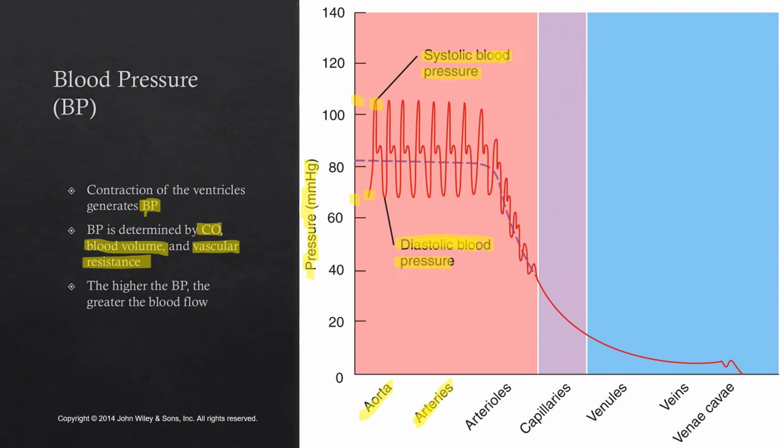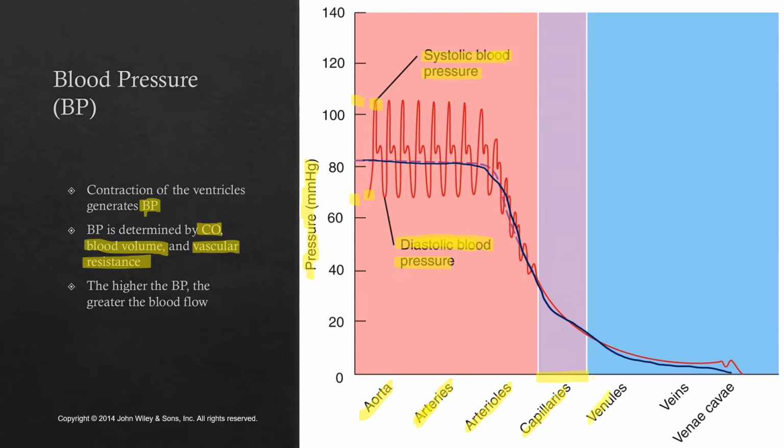Now, as we get further and further away from the heart, the blood pressure is going to drop. You can see here until we get into the blood vessels or the veins coming back into the heart. So as we get to arterioles, and then this purple section is going to be capillaries, and then this blue section is going to be the veins and venules.